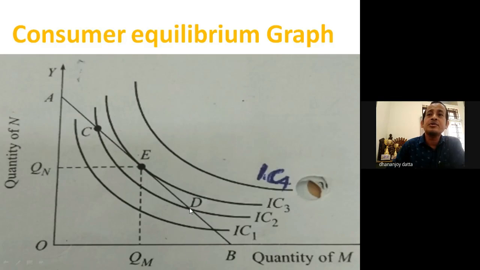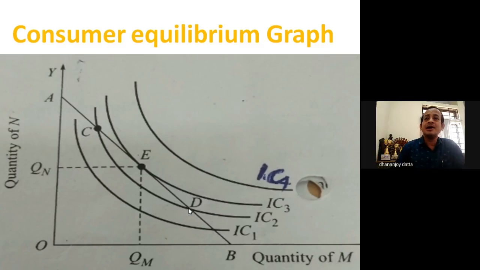So these are not matching. Price, budget, and consumer satisfaction are not matching, and these are not desirable by the consumer. Same with IC 1. Here also, these are not desirable by the consumer.